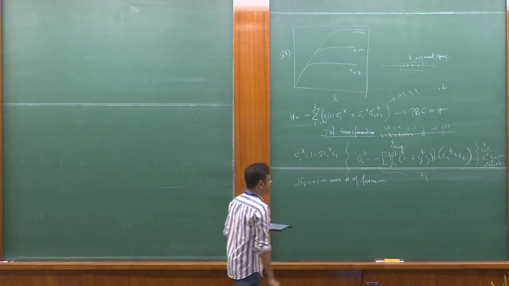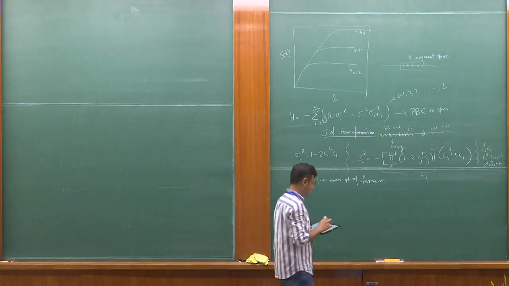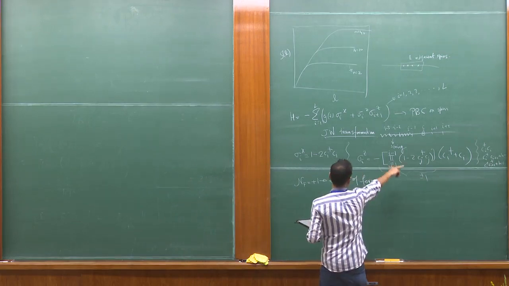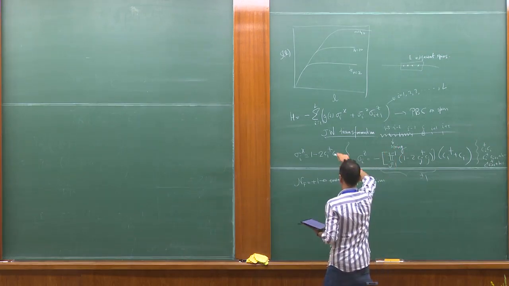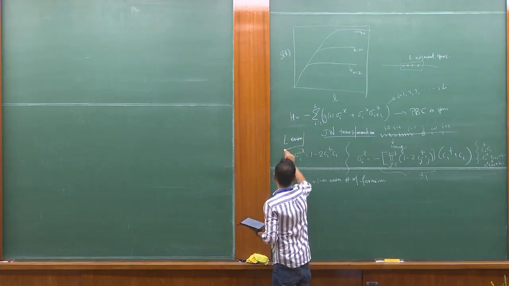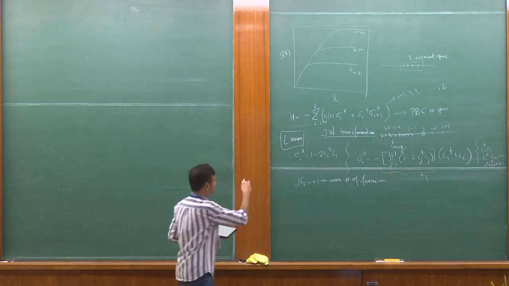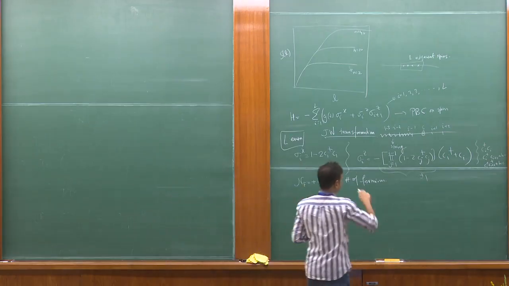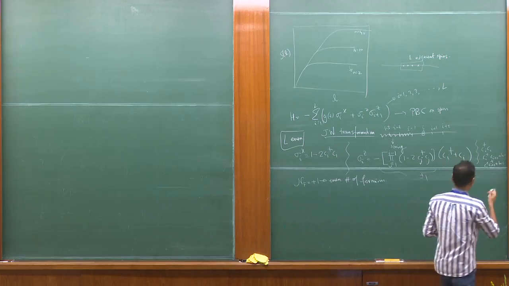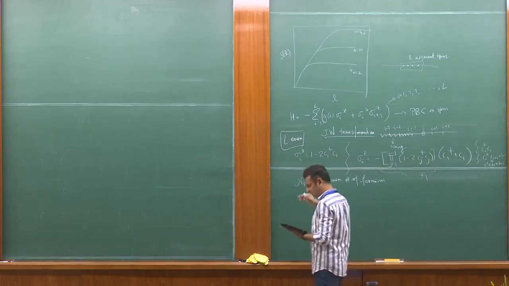This is partly motivated from the fact that if you take a ring with an even number of sites, so capital L is even, and you look at the ground state, then by doing this Jordan-Wigner transformation carefully, you can show that the parity of the fermions in that ground state is an even number.